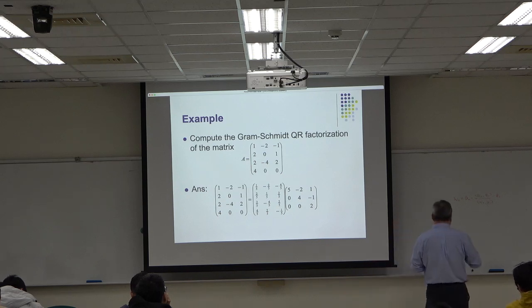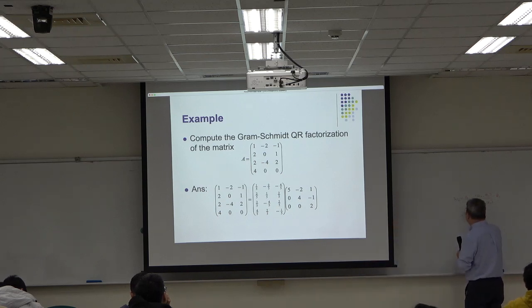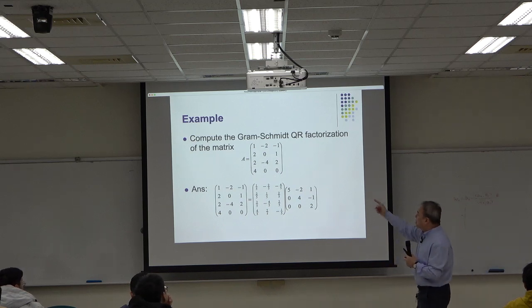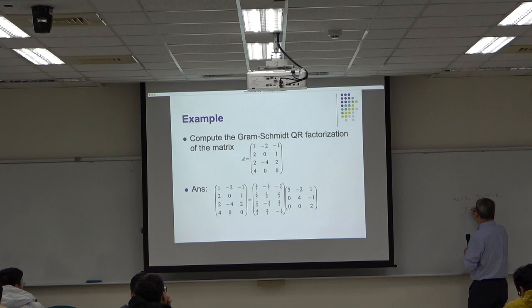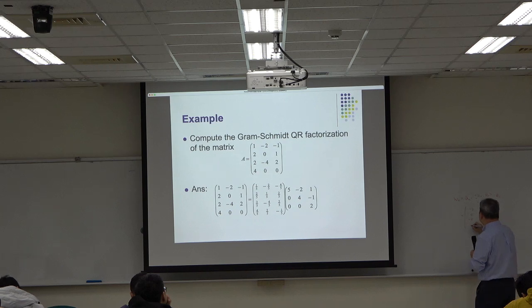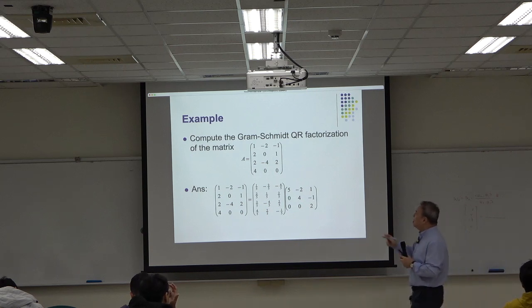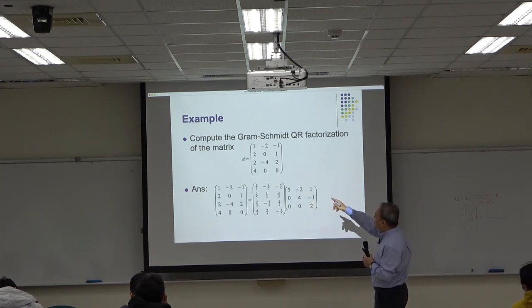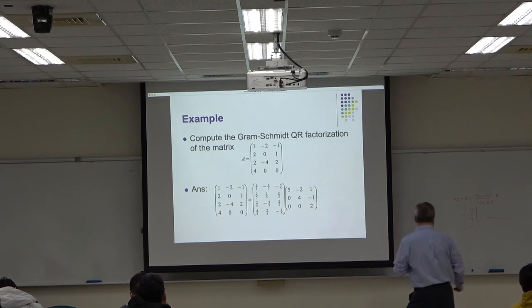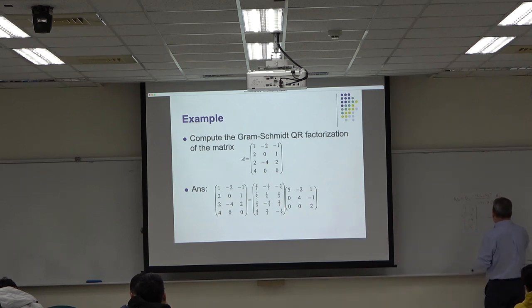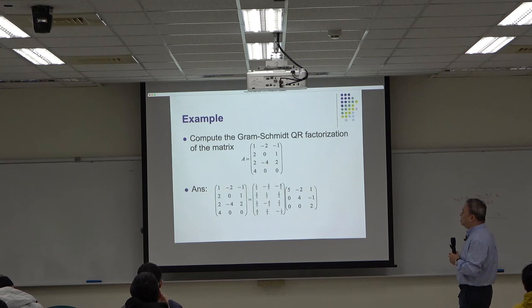So then we plug in. A2 is -2, 0, -4, 0, minus A2 dot A1, which is -2, -8, so -10, and A1 dot A1, which is 25.